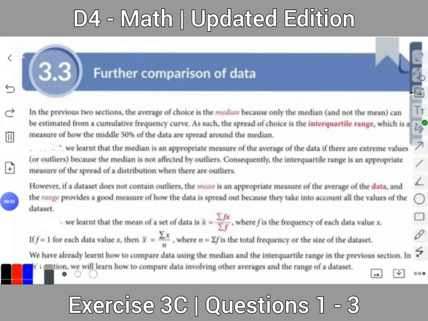So we will use the formula for the mean of a dataset, where f is the frequency of each data value x, and if f is equal to 1, then this formula becomes like this, where n is the total frequency.